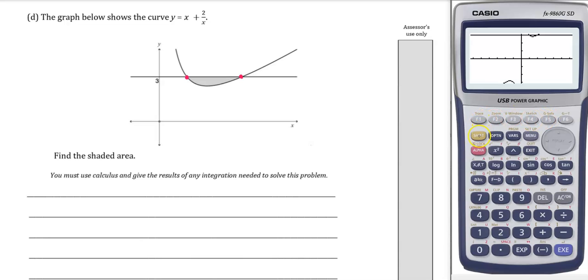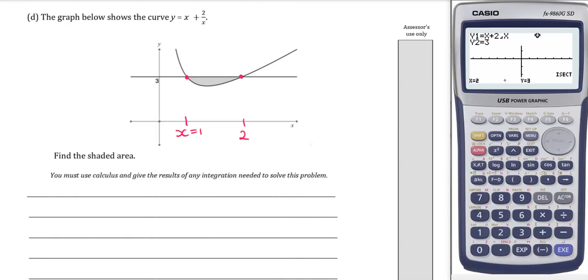Now let's use gsolve, find the intersection points just here. So we've got x equals 1 and x equals 2 just by stepping through the intersections. And you can change your view window to see that more clearly as well.